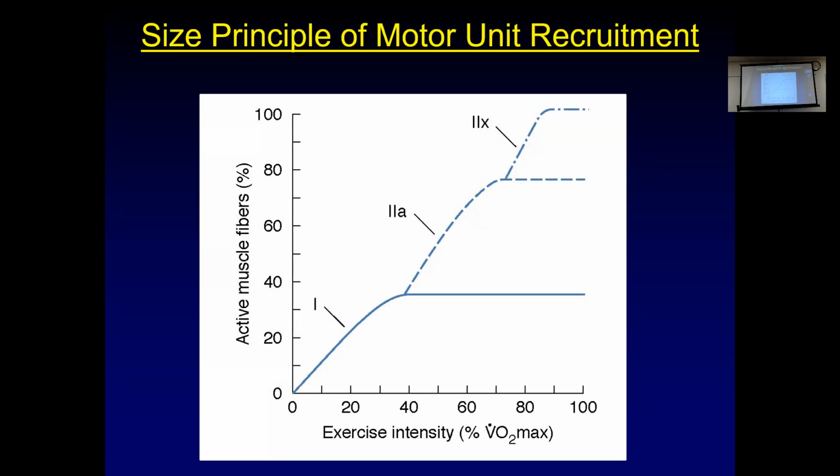Every time I do a contraction, every time I walk, every time I talk, every time y'all are typing, if it's a low force contraction, you're always running in these areas here, and they're going over and over and over again. And when you need more force, you get these plus some additional ones. The brain is really good.